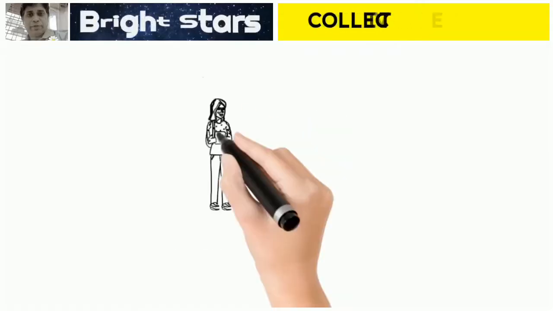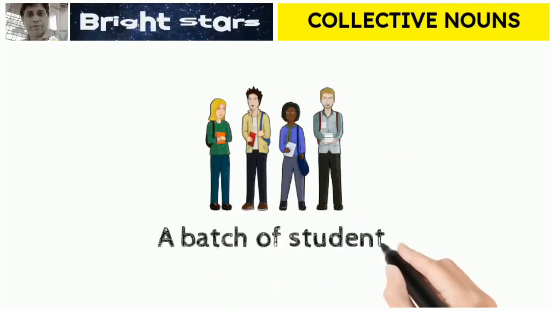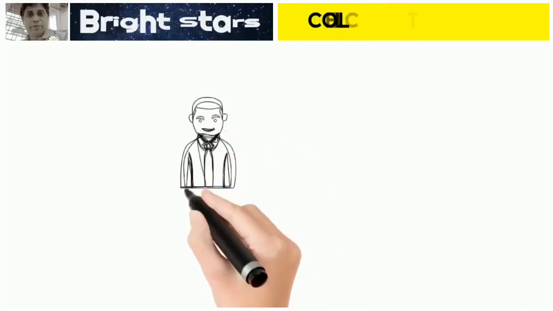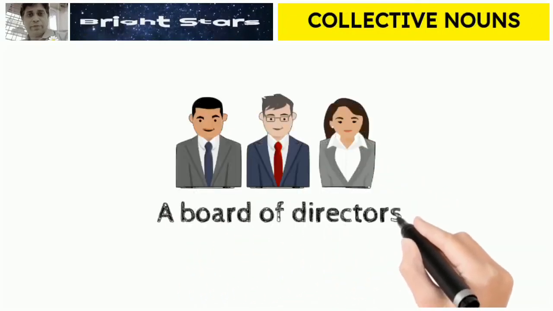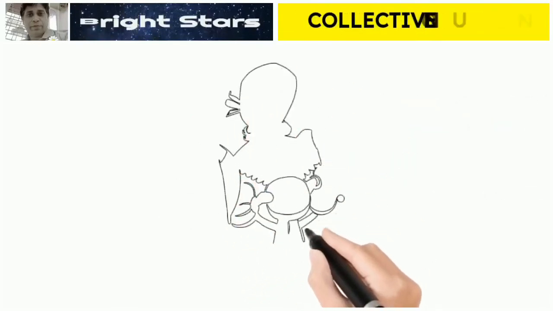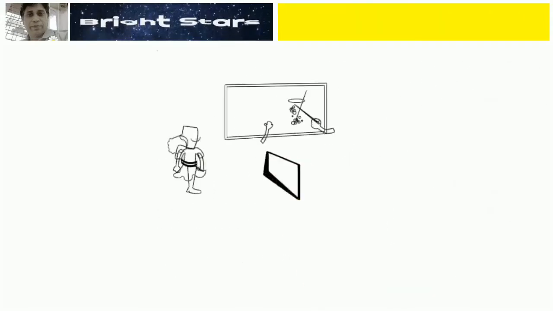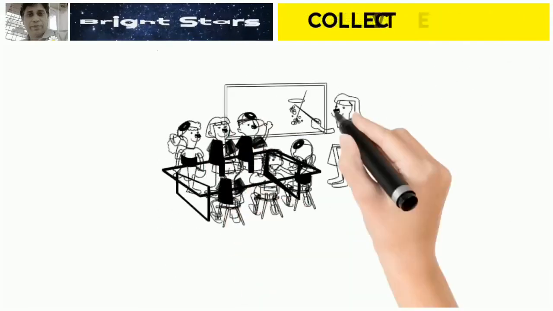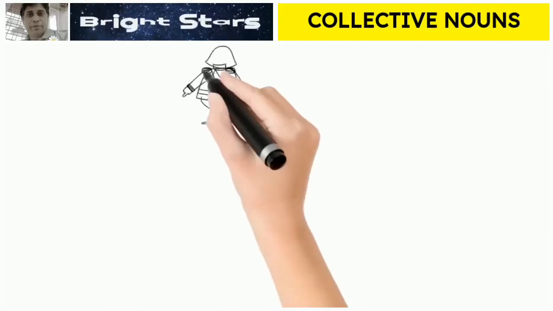In the same way we can use different names for different groups of persons. A batch of students is here. Next one, a board of directors. In the same way, a choir of singers. Next one is a class of students.